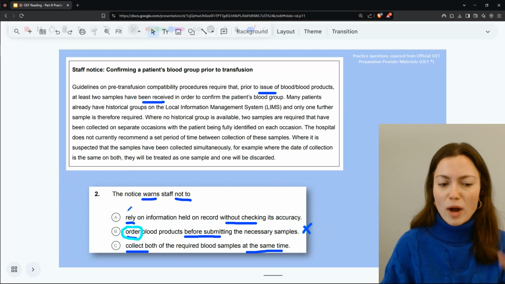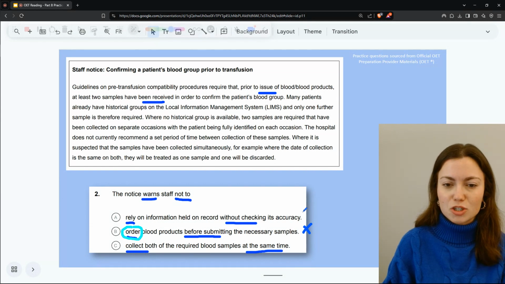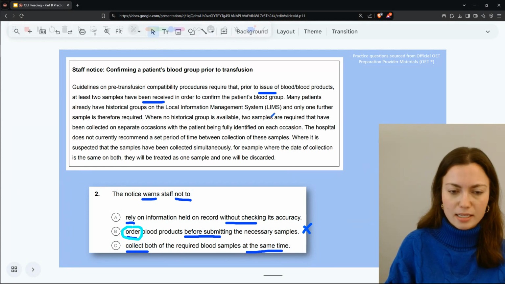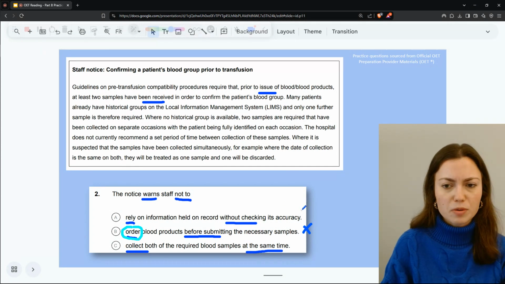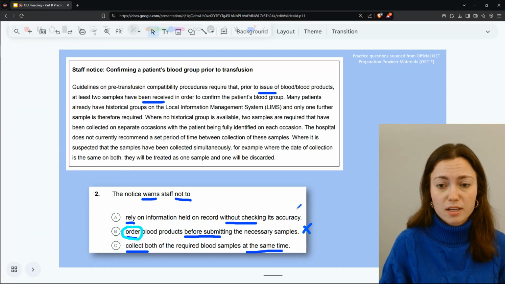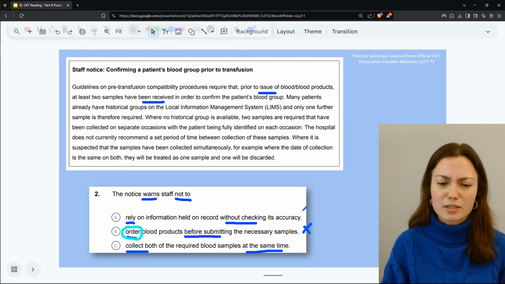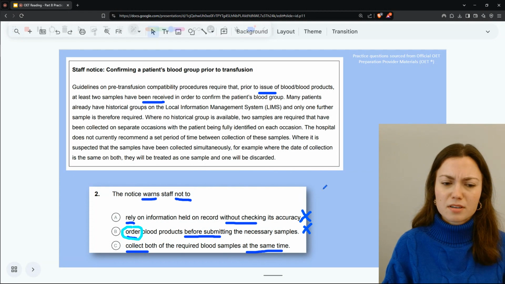While logically that might be something they shouldn't do, this is where checking what the text actually says and doesn't say is important. In here, it's really just telling us again that there is information for some patients on file, and therefore only one further sample is required. So there's not enough evidence that is a direct warning there.